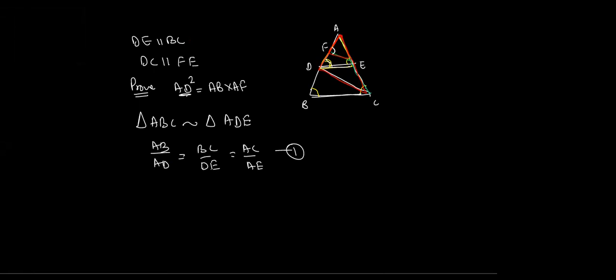Because this angle is equal to this, because these two lines are parallel, and this line is acting as a transversal. So these two angles are equal. So you can write triangle ADC is similar to triangle AFE.